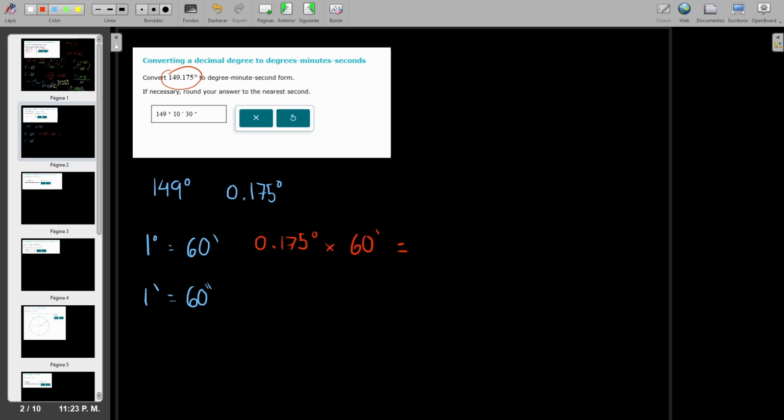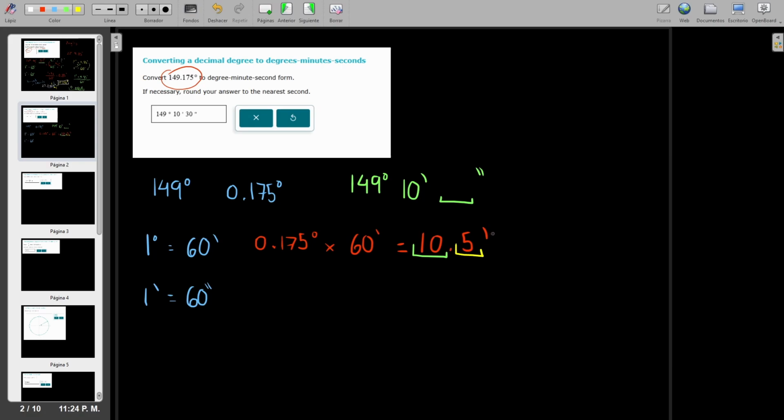So in the first part we have 10.5 minutes. So if we continue this part, we already have the minutes part. We could be writing this as 149 degrees, 10 minutes, but we are still missing the seconds.